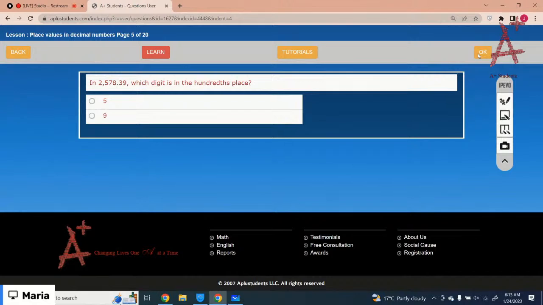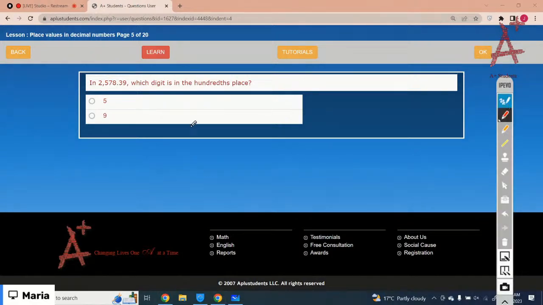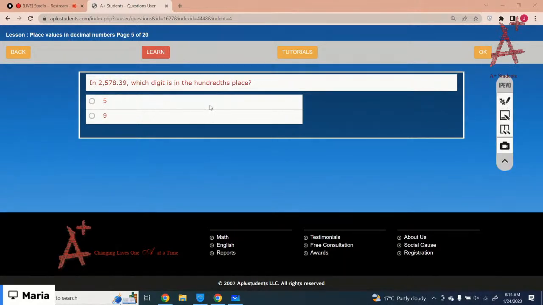Got it? So at the hundredths it would be 9. 9 is at the hundredths place. Do not confuse. Not hundreds. I'm talking about the hundredths one. 9, sorry.